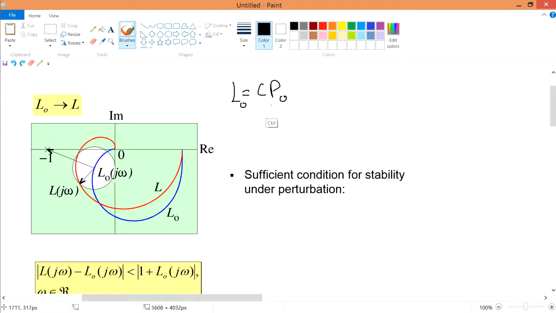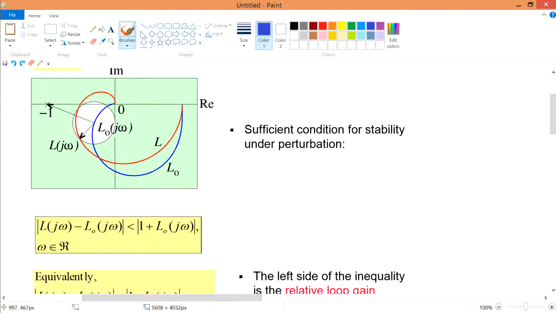With this context, we created the understanding of 1 plus L0, which is this distance. This distance is the safest distance, where we first started with our P0, the initial plant.